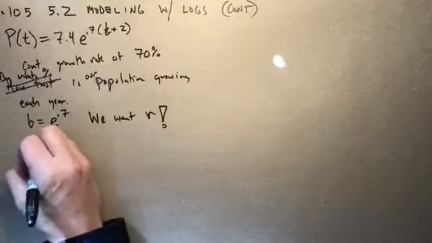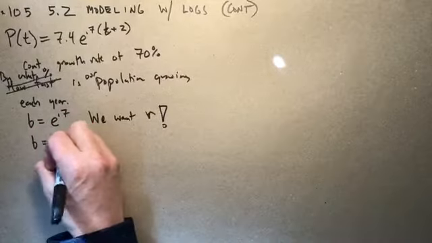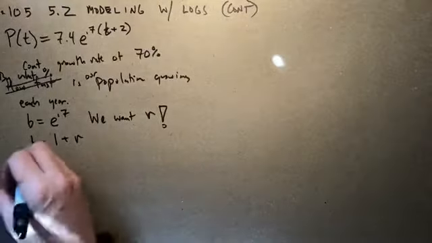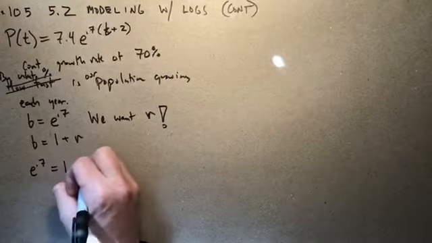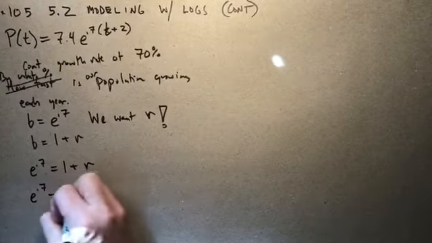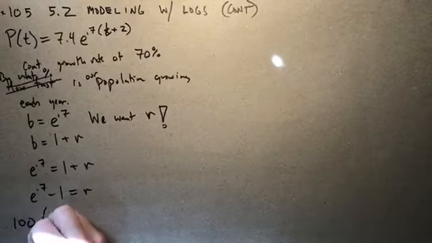So we know that b is not just equal to e to the k, b is equal to 1 plus r. And let's solve for r as a percentage. e to the 0.7 is equal to 1 plus r. I can subtract: e to the 0.7 minus 1 is equal to r. And now as a percent, I can multiply by 100.